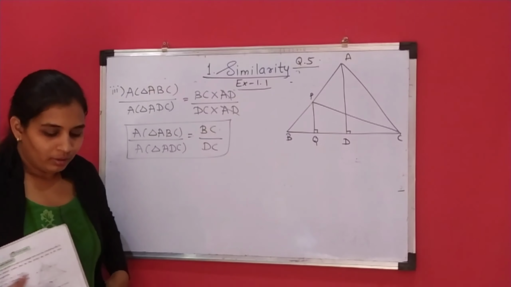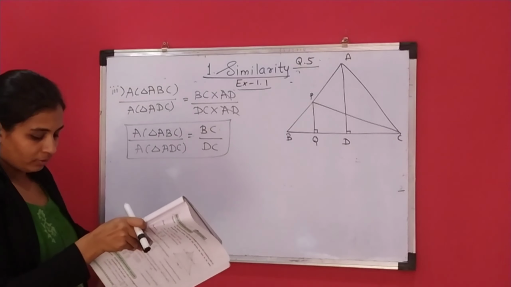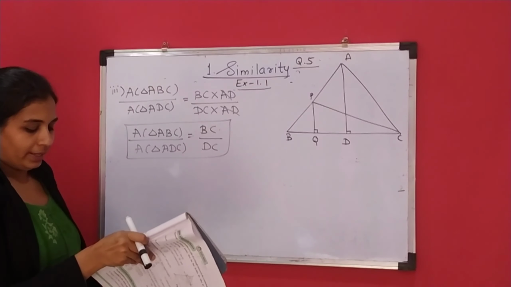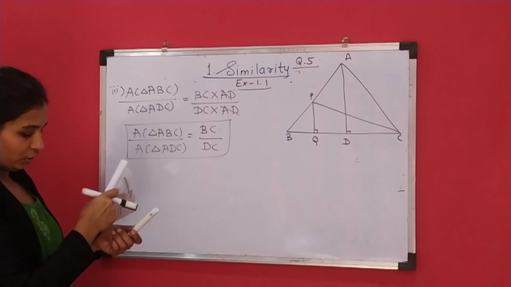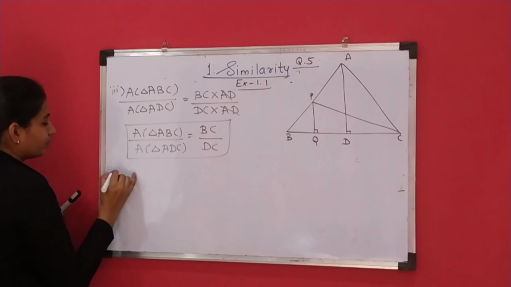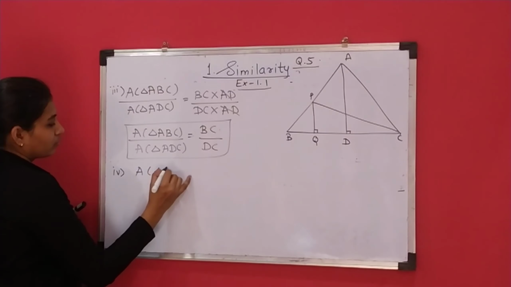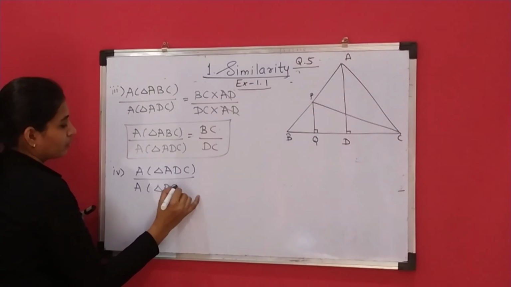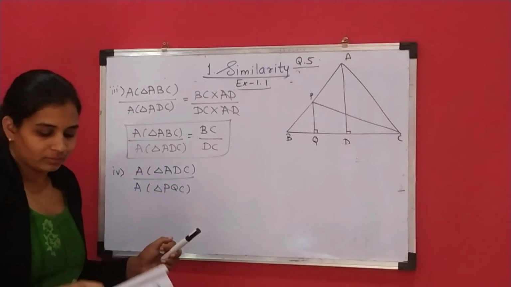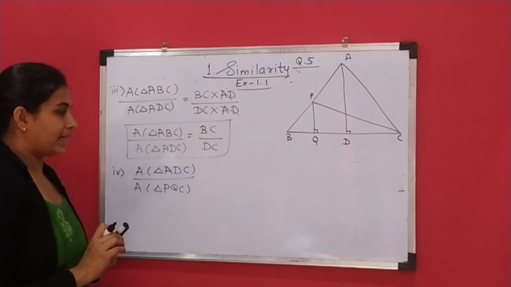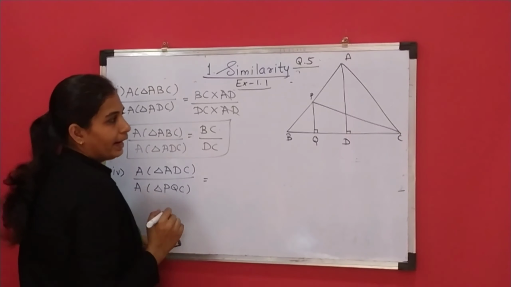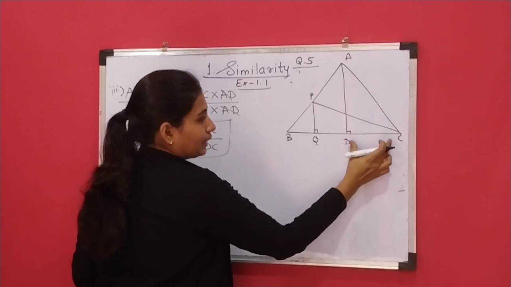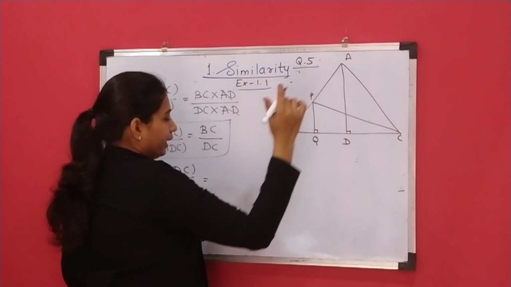The last one is the area of triangle ADC upon the area of triangle PQC. This is the last example of our exercise. For triangle ADC, the base is DC, the height is AD.